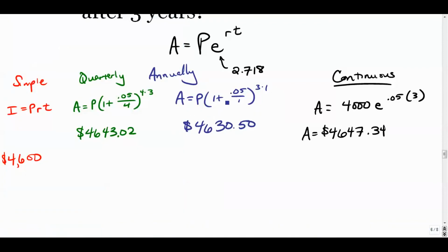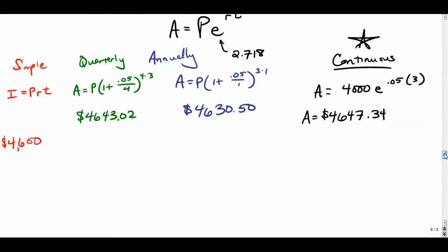So you can see with our continuously compounded interest, $4,647, annually about $17 less, simple about $47 less, and quarterly only about $4 less. So the more you compound, the better. Continuous is going to gain you the most money. If we were to compound this daily, the difference would be almost nothing.